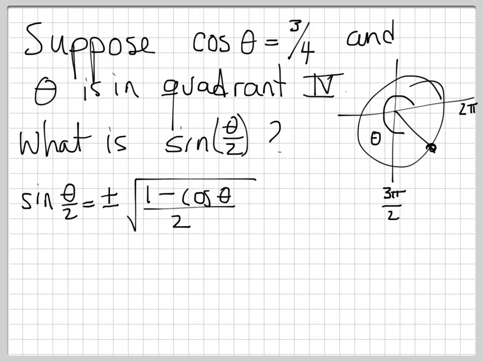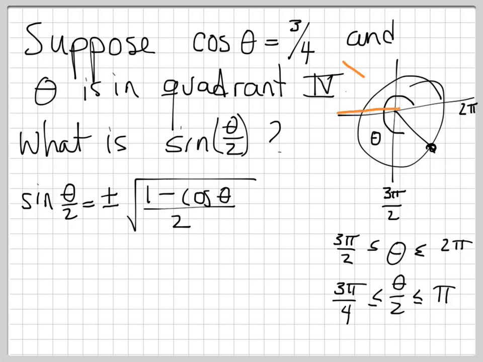So here's a chance for us to do some work. We know theta is in quadrant 4, which means theta is between 3 pi over 2 and 2 pi. So where's theta over 2? Well, that's between 3 pi over 4 and pi.